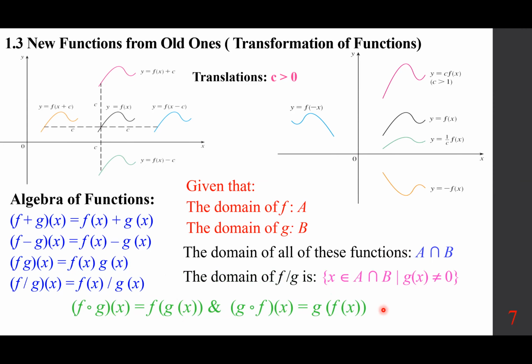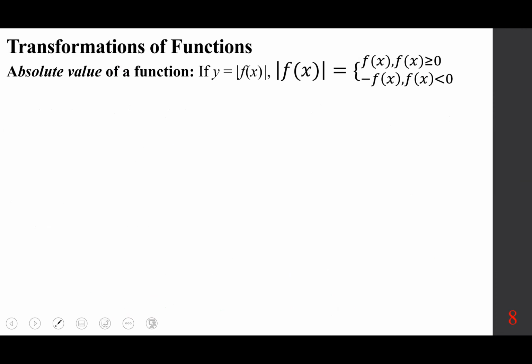So, transformation of functions. What about an absolute value of a function? If y is the absolute value of f of x, by definition, the absolute value of f of x is f of x if f of x is larger than or equal to 0, and it's minus f of x if f of x is less than 0.